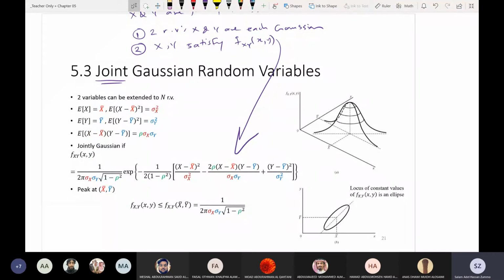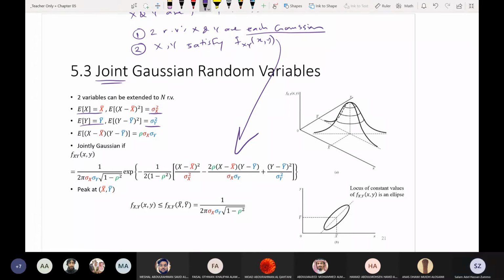So every one of the two random variables has to be Gaussian individually. What does Gaussian mean? It means they are characterized only by the mean and the variance. For example, x has a mean x bar and a variance sigma x squared, and y has mean y bar and variance sigma y squared.